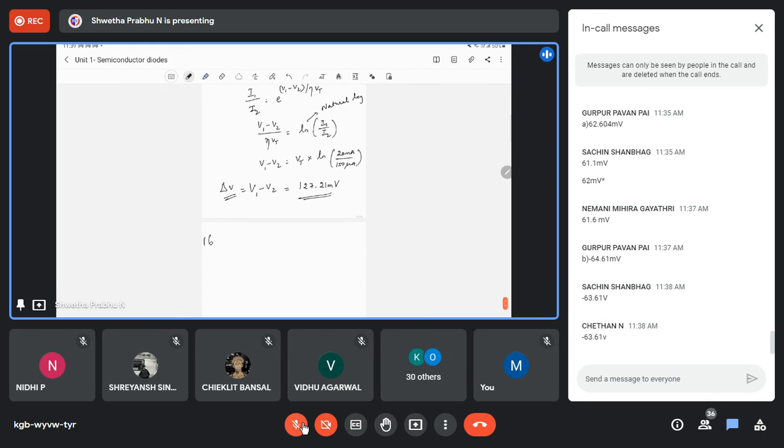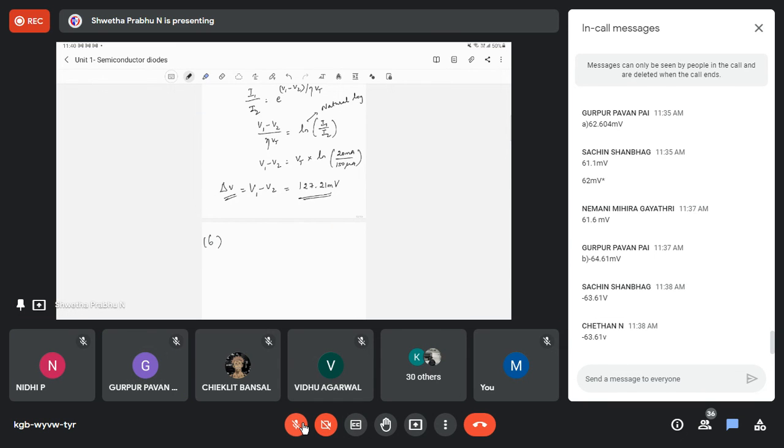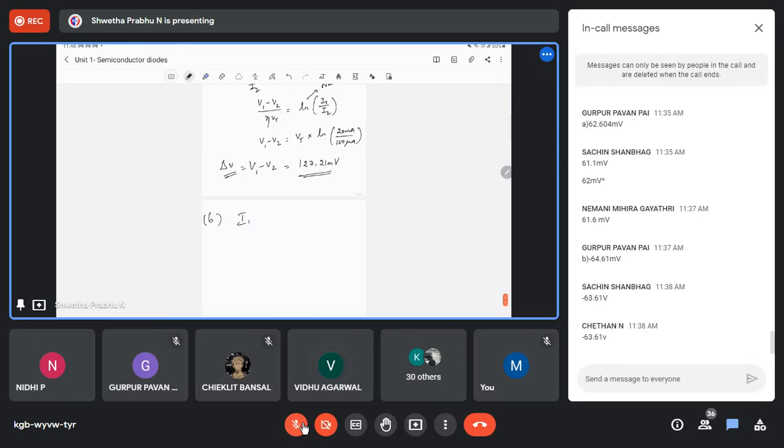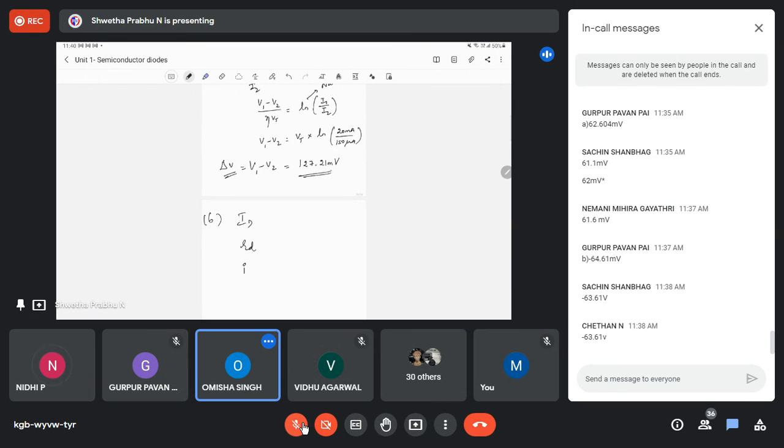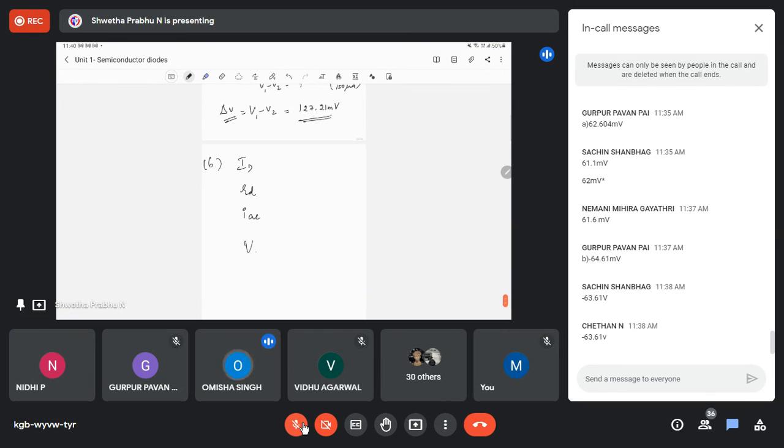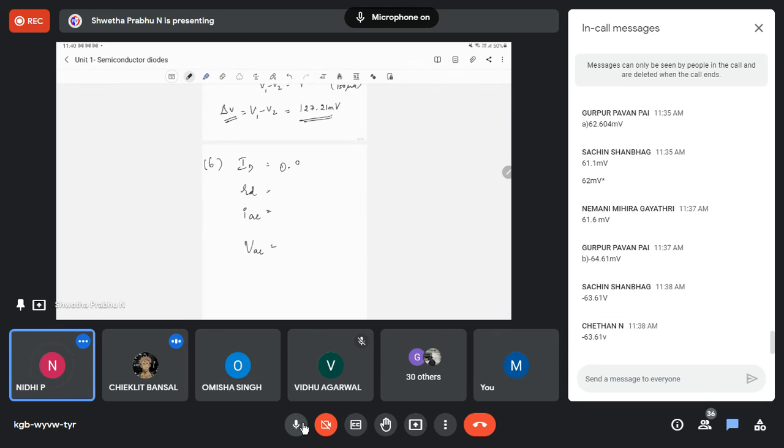Next, sixth question. What is the answer? Tell me ID. Tell me RD. Tell me IAC. ID is 0.303 milliamperes.